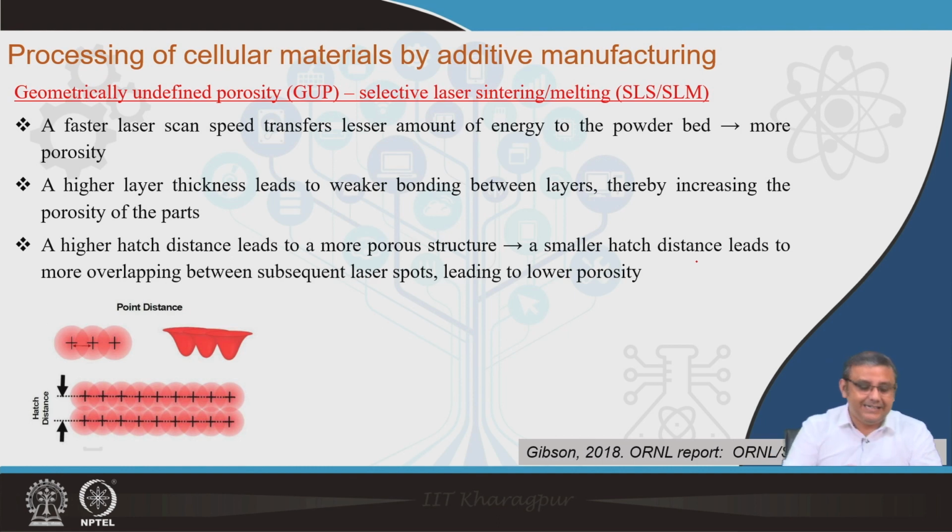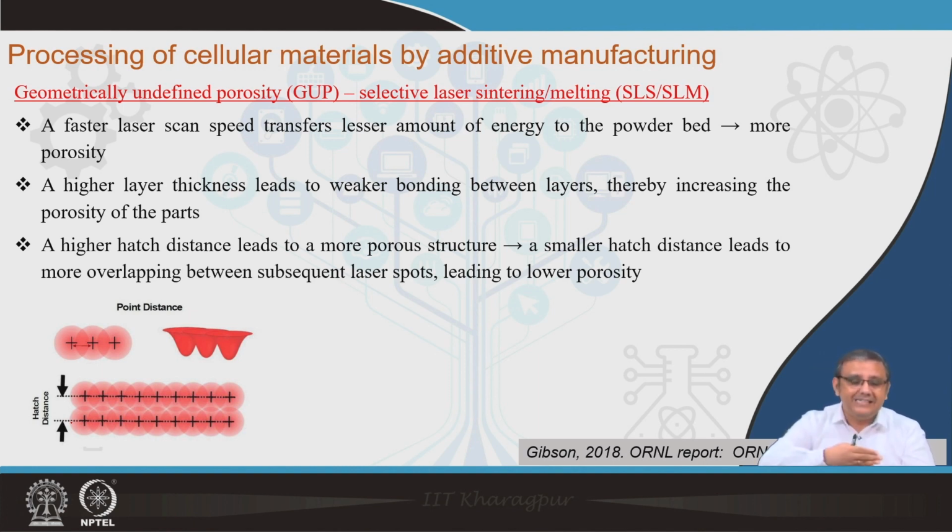Also, hatch distance: if we have multi-track depositions, then the hatch distance can be defined this way, and it can also control the amount of porosity from this process control.